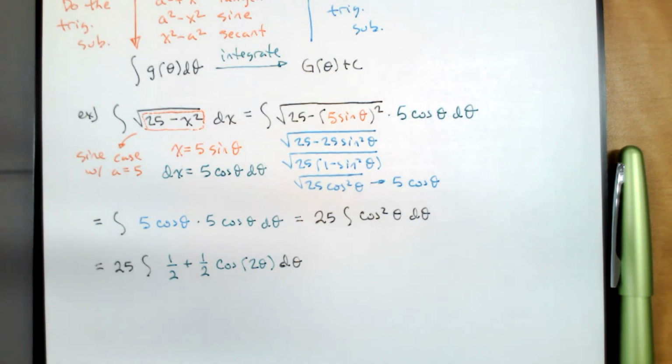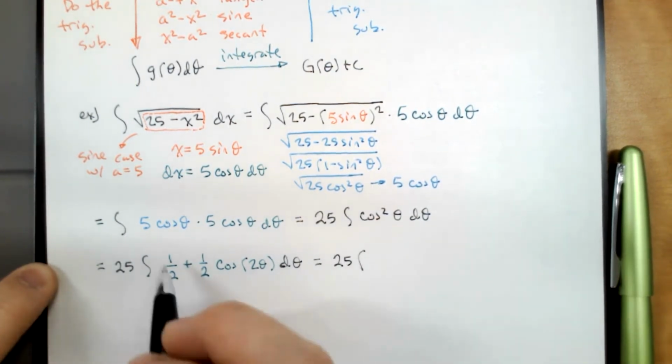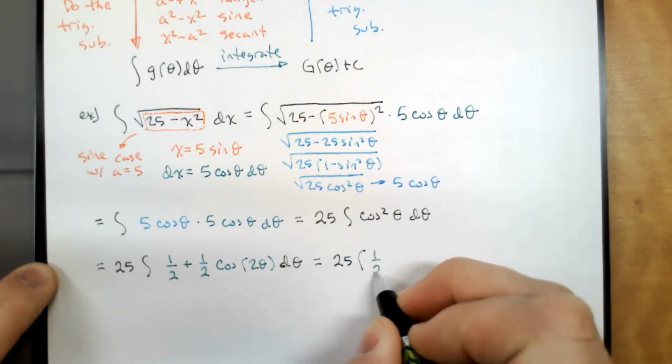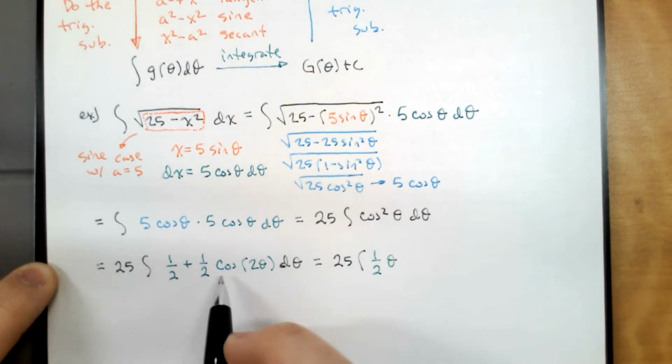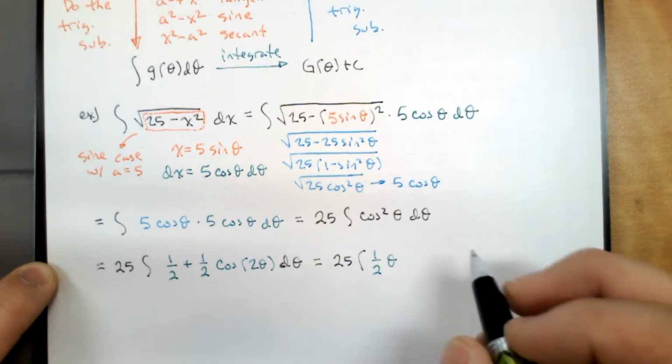Now we can actually do the integration part. The integral of 1/2 d theta is 1/2 theta. The integral of cosine of 2 theta is 1/2 sine of 2 theta.